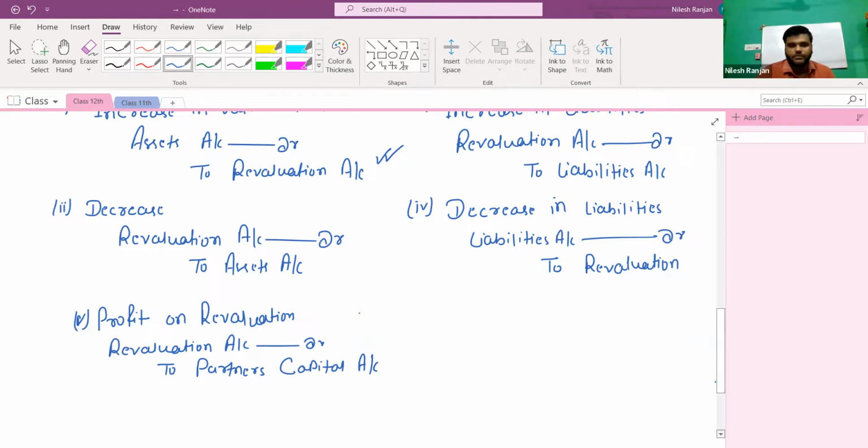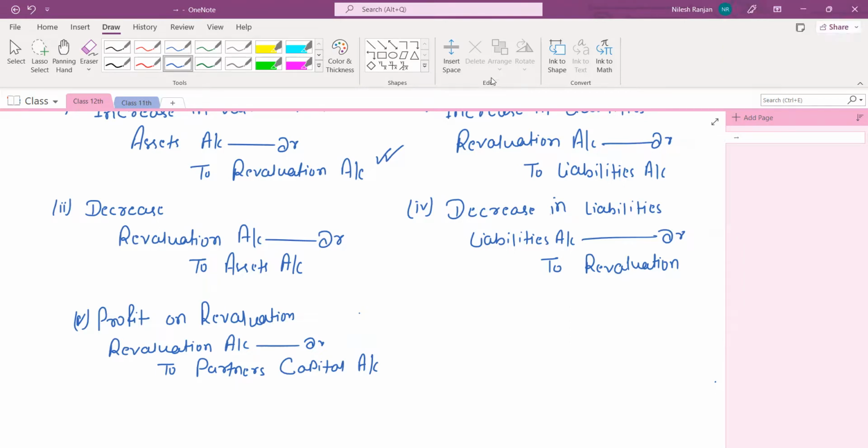Anyone? Sir, increase in liability, revaluation account to liabilities account. Yes. How? Actually, if there is an increase in liabilities, let's say you have to pay someone rupees 5,000 and now you have to pay rupees 7,000.